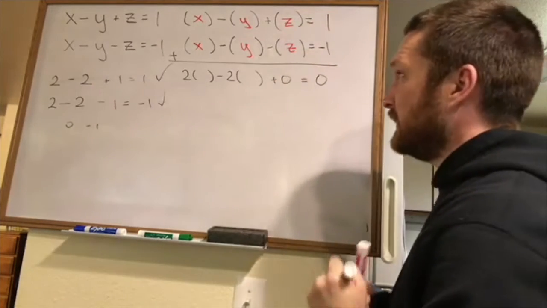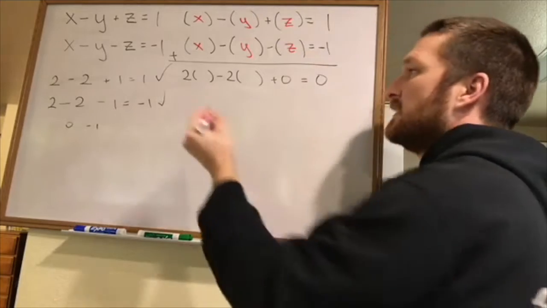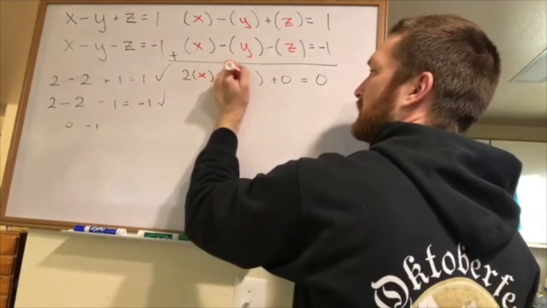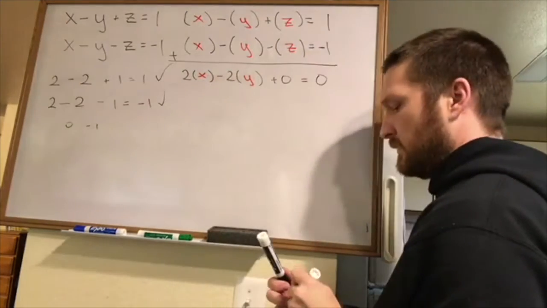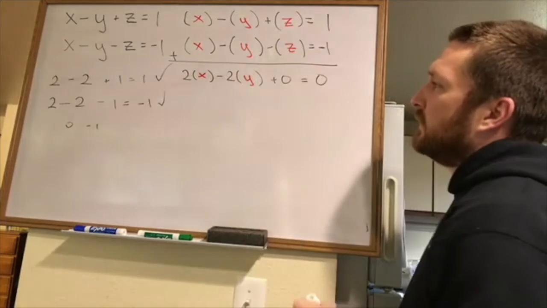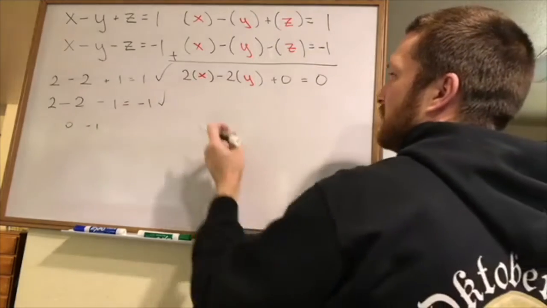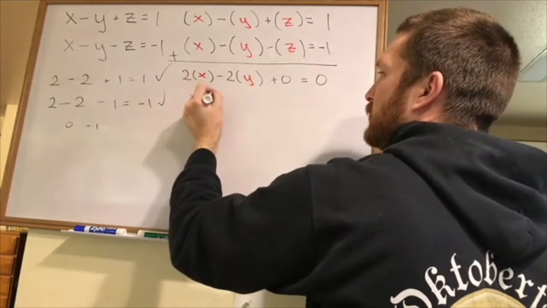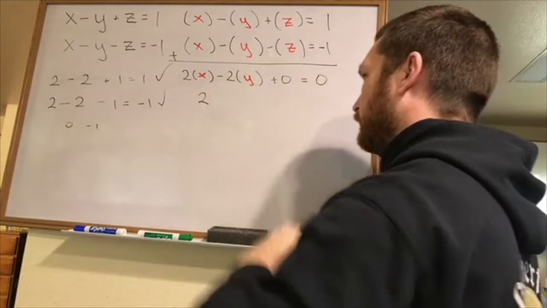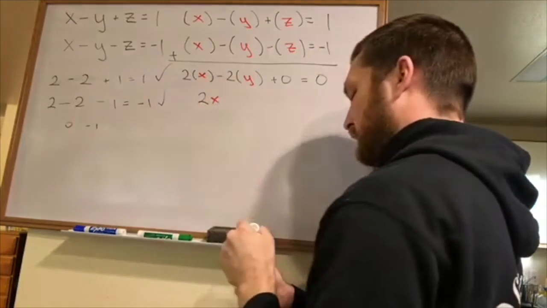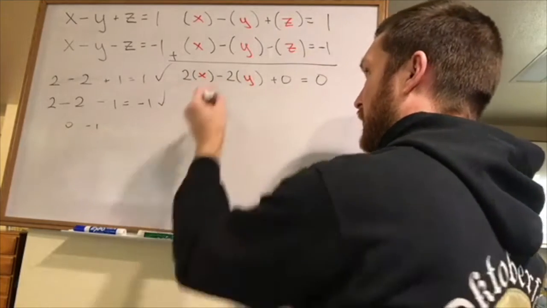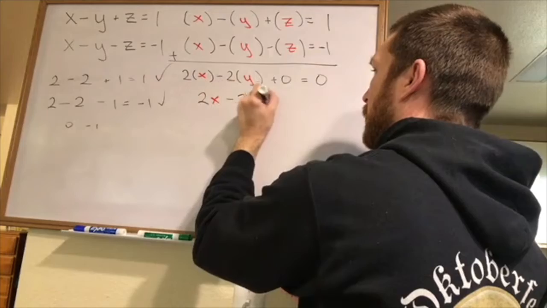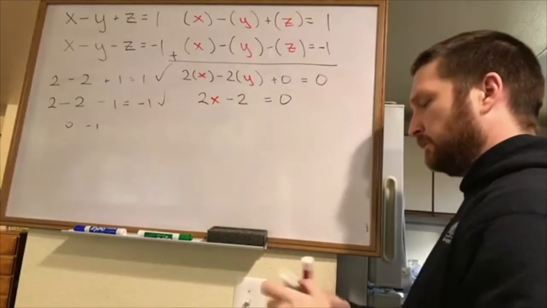And let's see what we get. 2 of that special value of x that works, that special value of y that works. Okay. Now I'm going to clean this up. That's the same thing as 2 x's minus 2 y's is equal to 0.